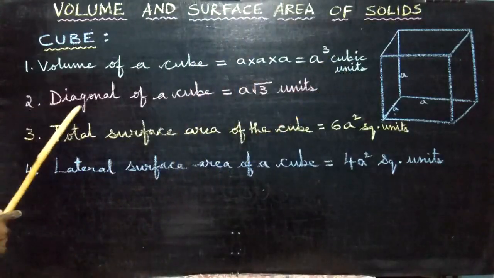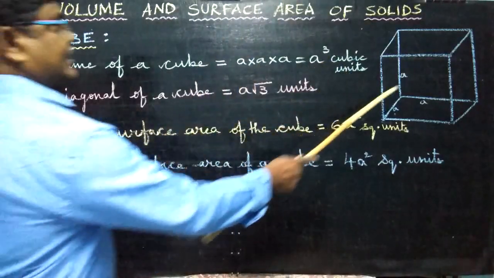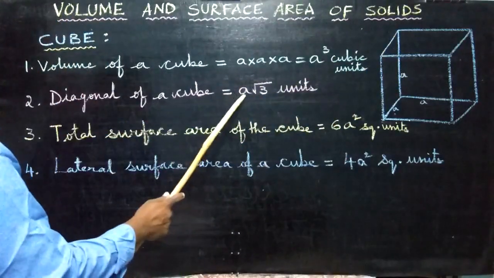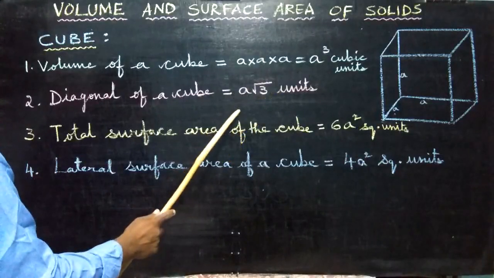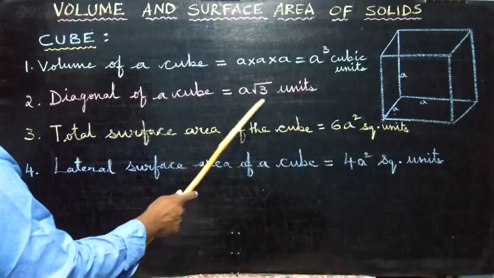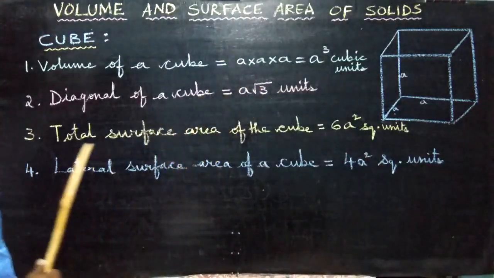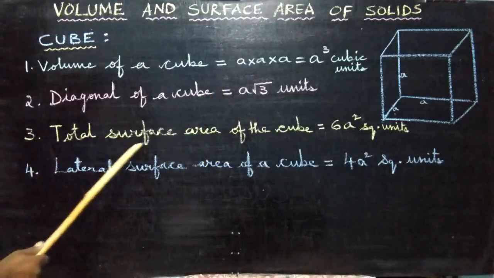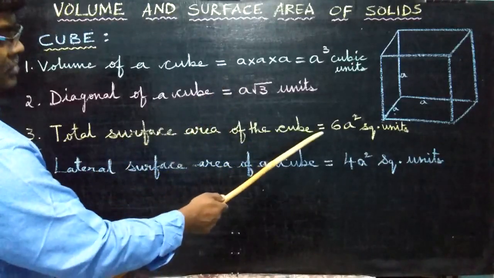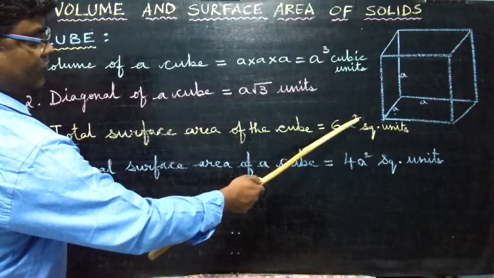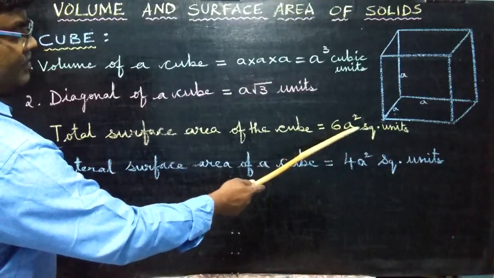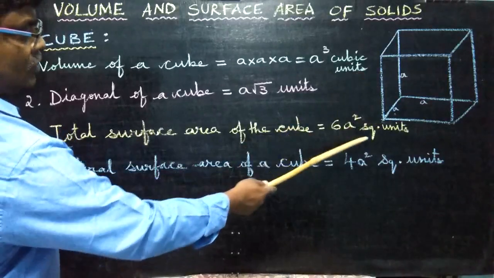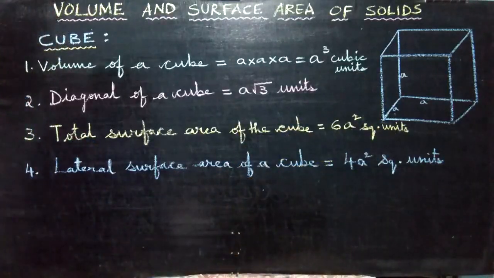Second formula, diagonal of a cube, A into root 3, A root 3 units, or you can write root 3 into A also, both mean the same. Third one, total surface area of a cube is equal to 6A square. 6 faces will be there, square units.